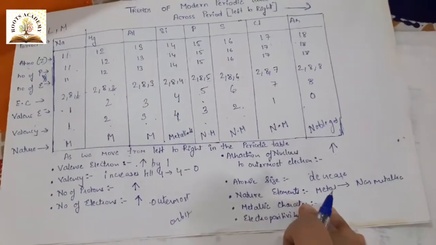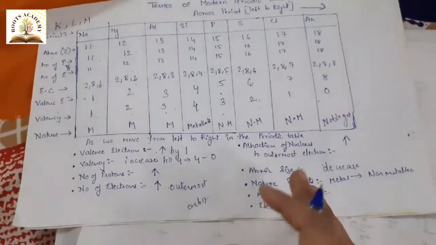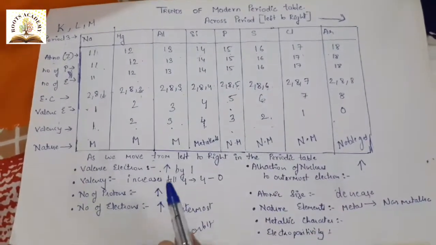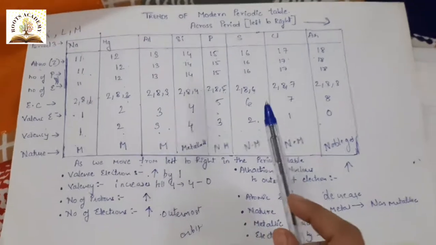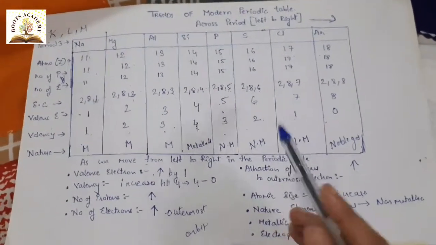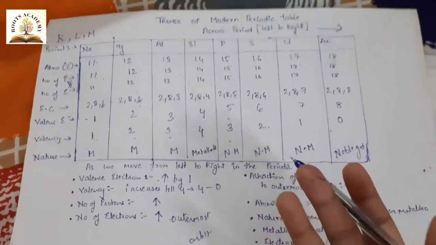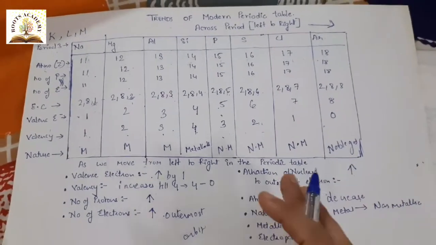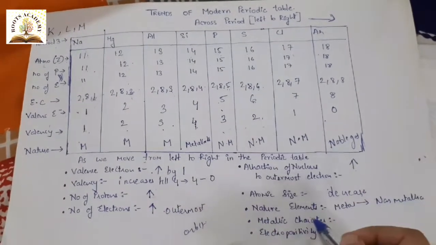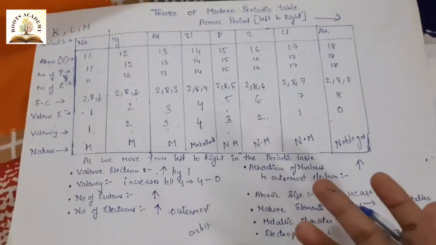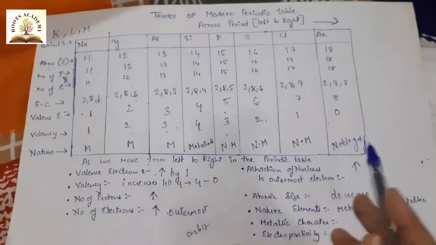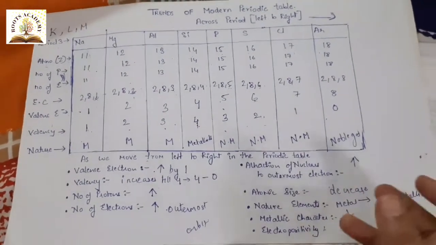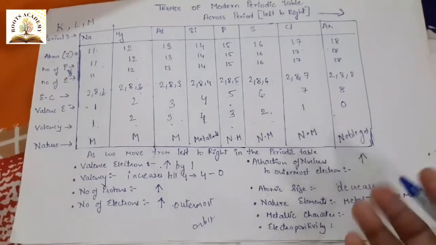You know what metallic character is: it means the element easily loses electrons. When you are moving from left to right, the number of valence electrons increases, so obviously nuclear charge is increasing. It becomes very difficult for the element to lose electrons, and metallic character means losing of electrons. So metallic character decreases, because it is very difficult for a metal to lose electrons as nuclear charge is increasing.